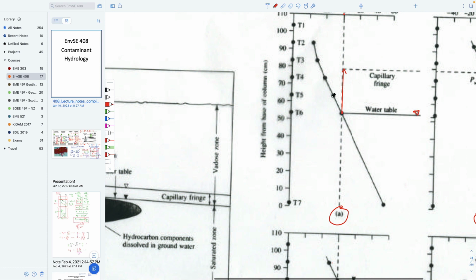And all the way up here, the pressure is decreasing because if I use green, if you looked at the change in pressure in the air, the pressure in the air is equal to elevation multiplied by the unit weight of the air, right? And so by definition, this difference in these two pressures is our capillary pressure.